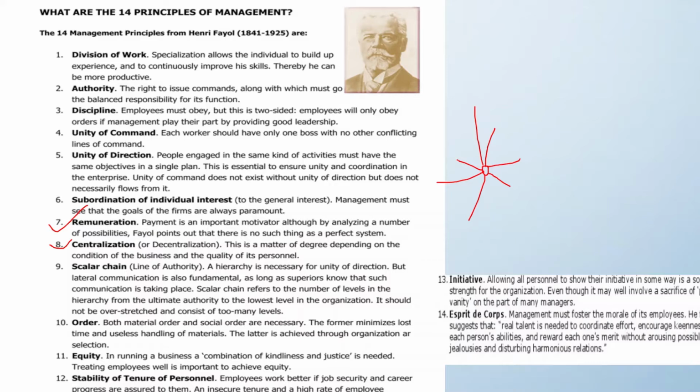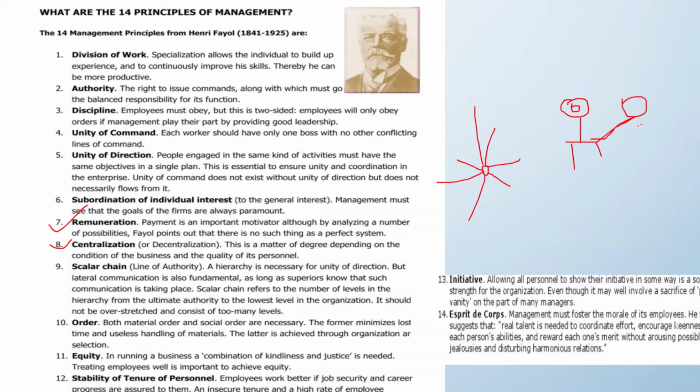When we say decentralization, we make departments as per the operation or their functions. Under one department there are different employees reporting to that particular departmental head.